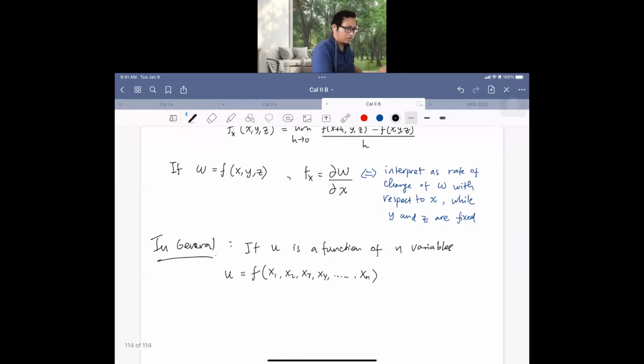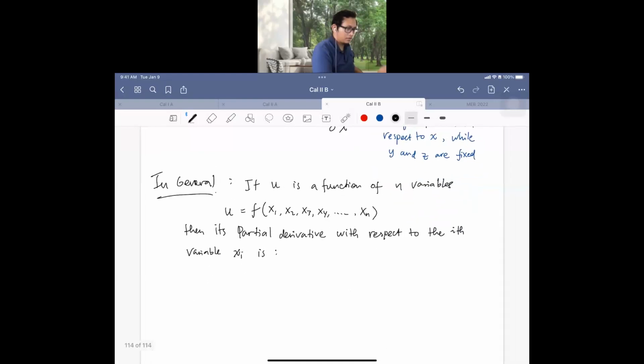Then its partial derivative with respect to some variable, let's say the i-th variable, xi, is, or we can write f xi.